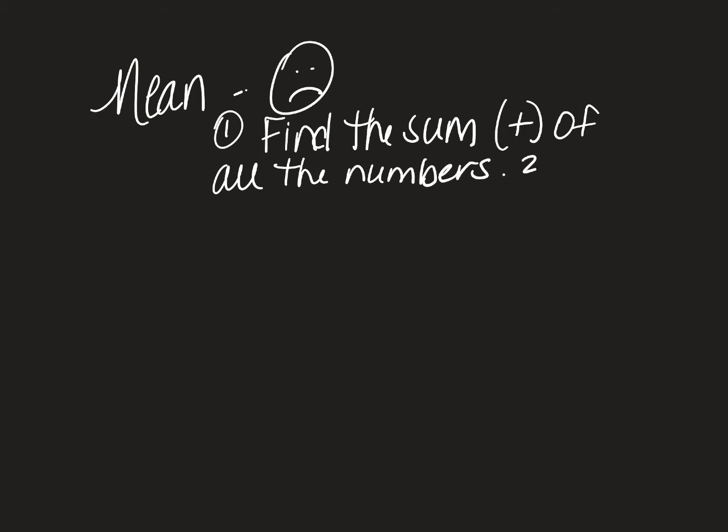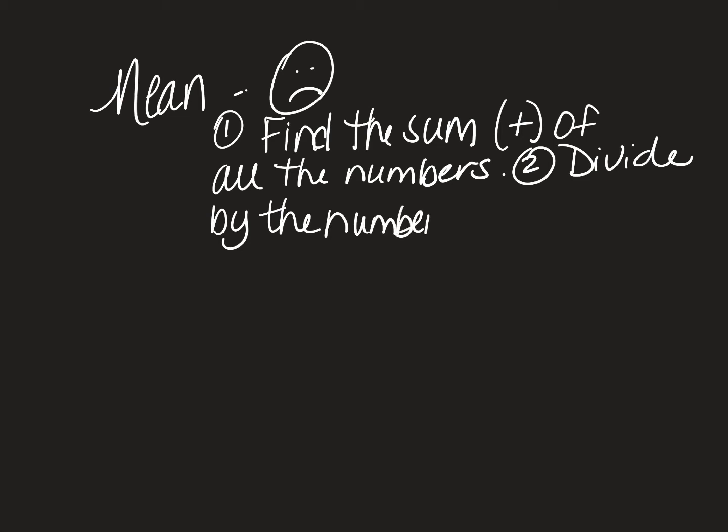Number two, you're going to divide. Then you're going to divide by the number of numbers. The amount of numbers. Yeah, amount. I've used both. I guess that would be maybe easier for you to understand.